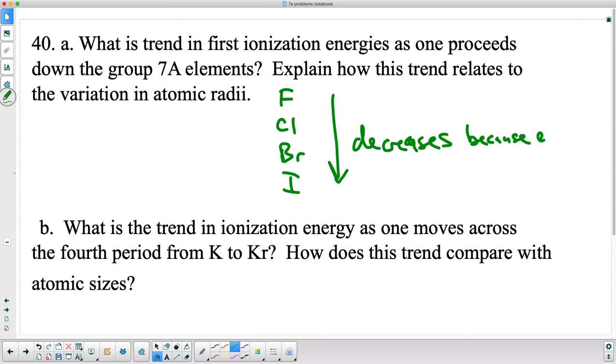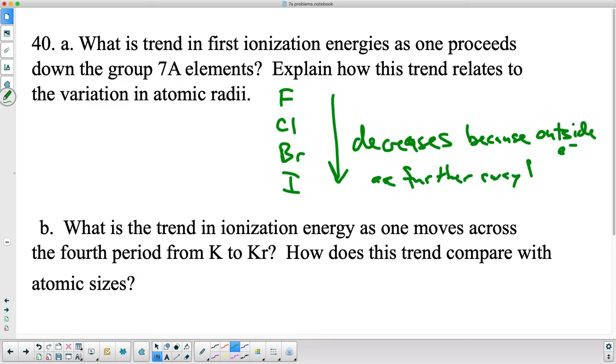So it decreases because outside electrons are further away from the nucleus and have more shielding from other electrons.